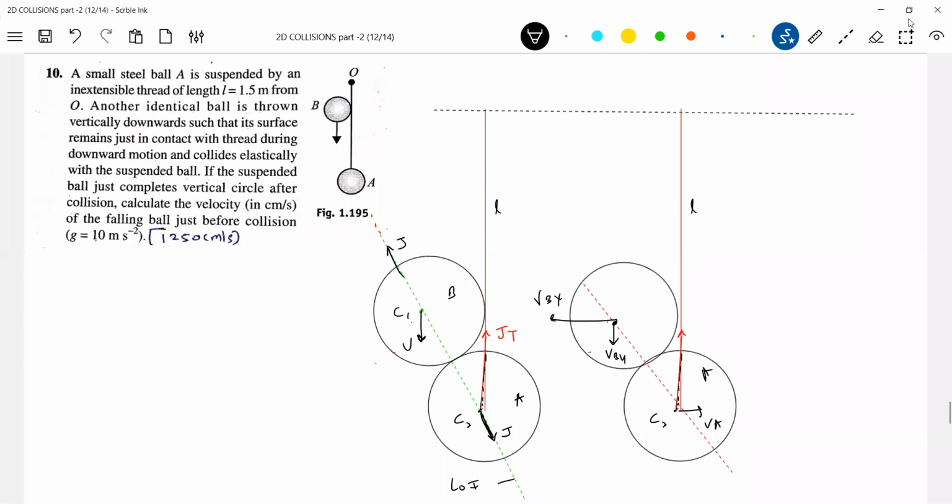Applying conservation of linear momentum. So what is VA? We are very sure, no? VA should be equal to root of 5gL. We know the length of the rope, so this will be 1.5. Root 75 meter per second, or 5 root 3.